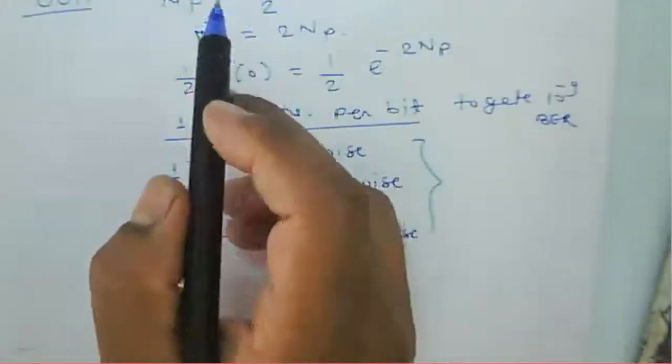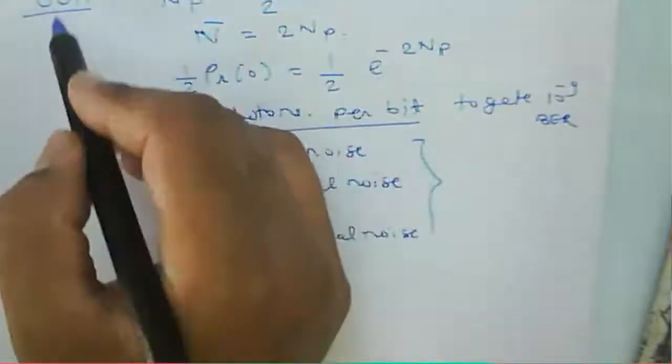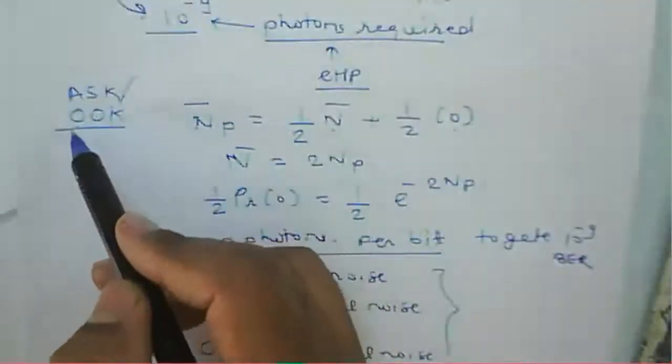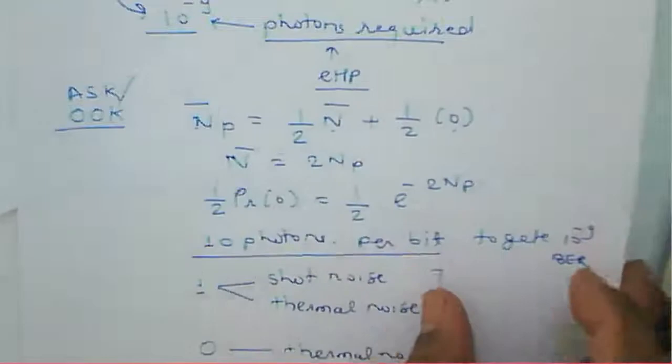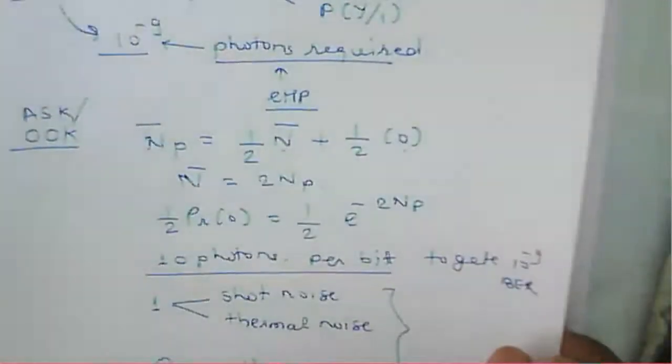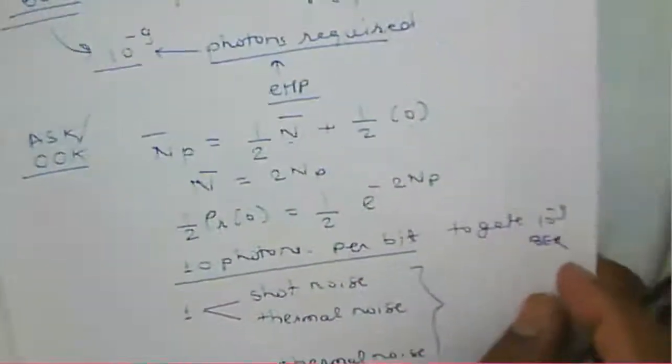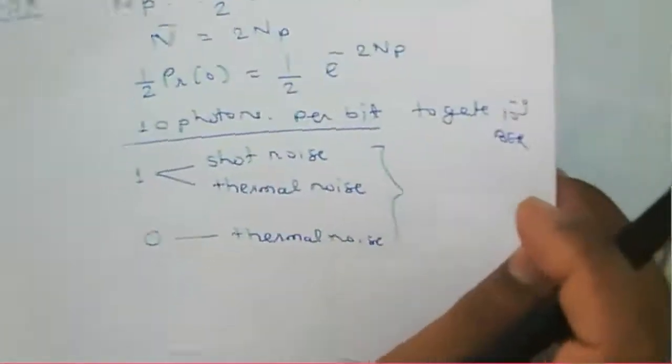Right now we are saying that we are using ASK or OOK here. So similarly we can find out what will be the minimum power required for the detection there, and then what will be the PR for the given particular equation.